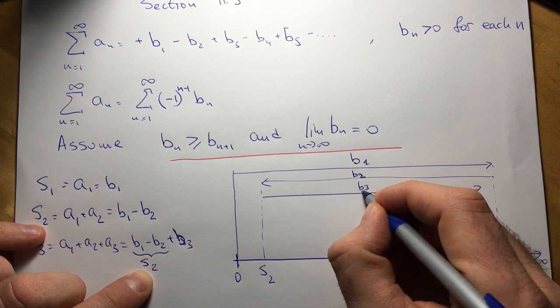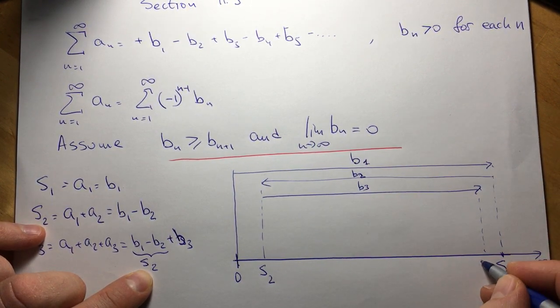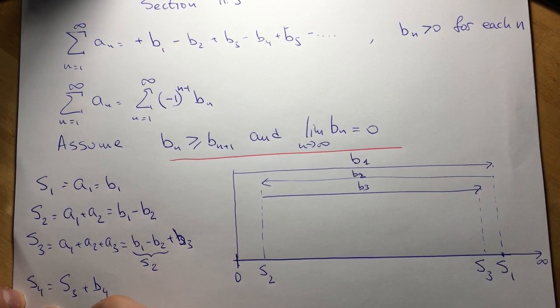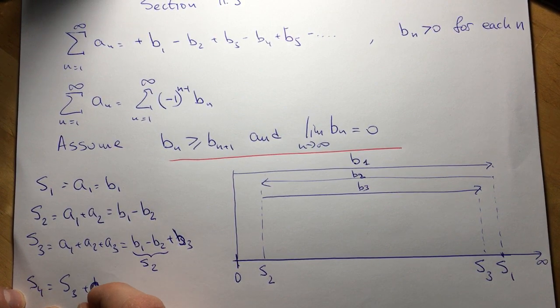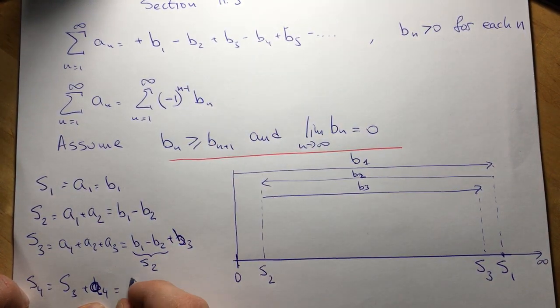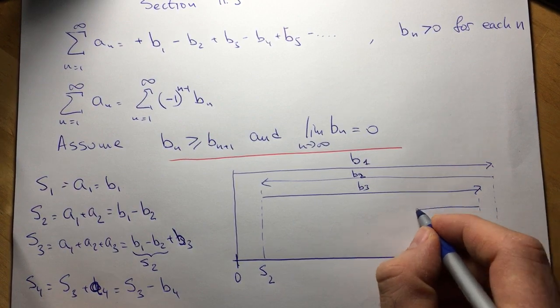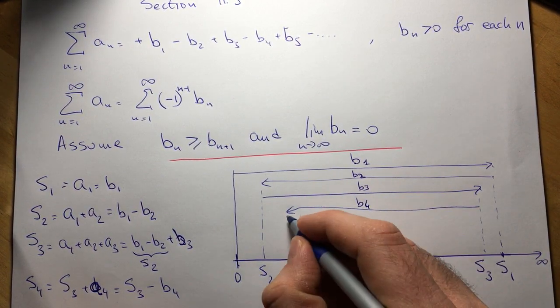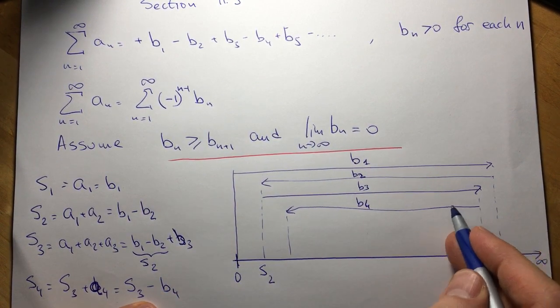This is s3. s4 is going to be s3 plus a4, and a4 is negative b4, so that's s3 minus b4. This is going to be b4, a positive number with a negative in front, which means we're coming back.